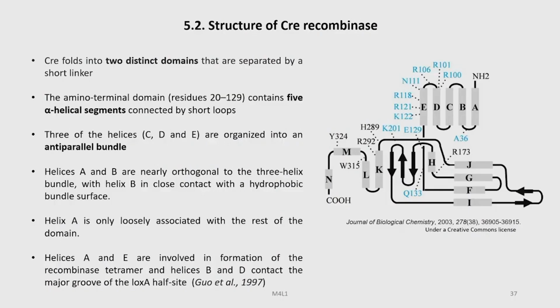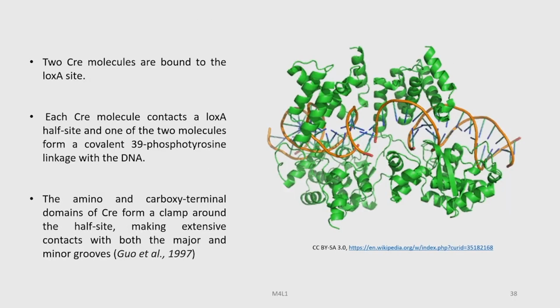Helices A and E are involved in formation of the recombinase tetramer that we just discussed, and helices B and D contact the major groove of the LoxA half site. 2 Cre molecules are bound to the LoxA site. Each Cre molecule contacts a LoxA half site and one of the 2 molecules forms a covalent 3 prime phosphotyrosine linkage with the DNA.